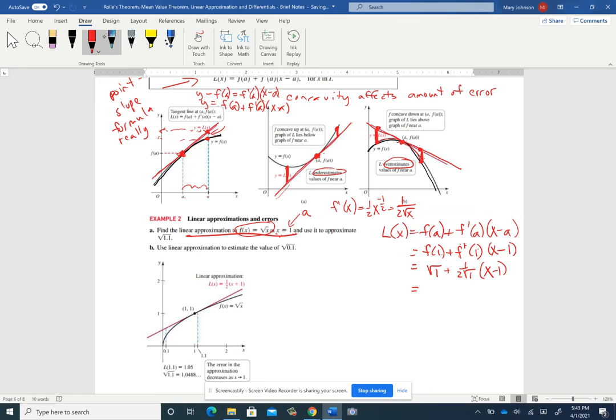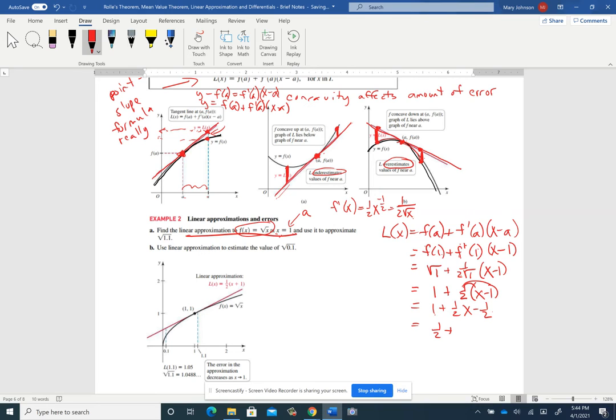Okay, so the square root of 1 is 1. This turns out to be 1/2. This turns out to be x minus 1. We distribute, collect like terms, and we wind up with it being 1/2 plus, let's see, I'm kind of lost here where I got to.